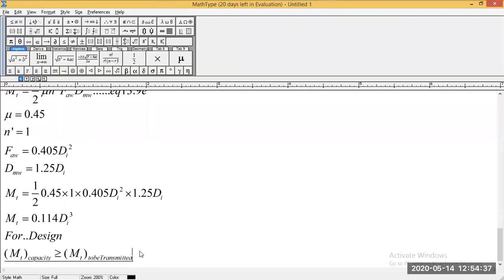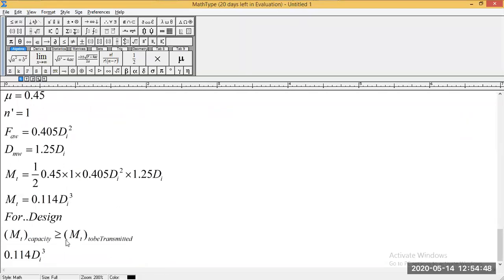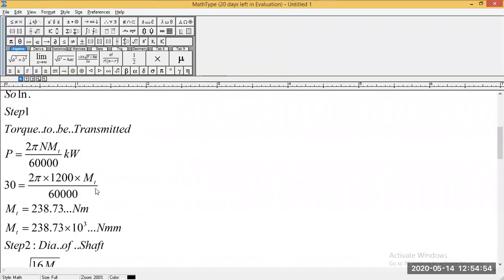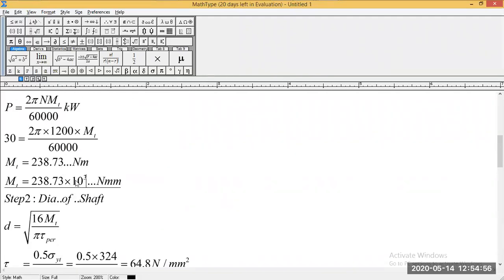So this is a condition for design. Whatever this capacity is, it should be greater than or equal to the transmitted one. We'll get it from step 1. That is this value here.